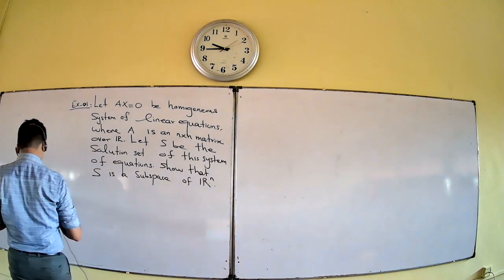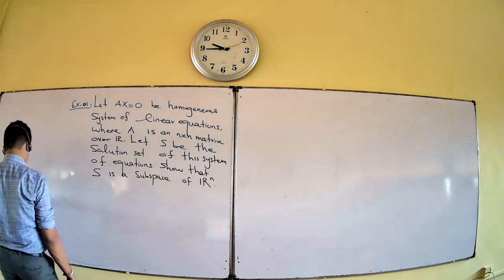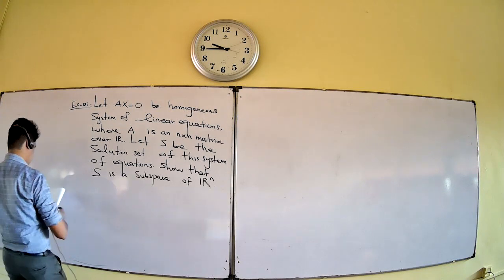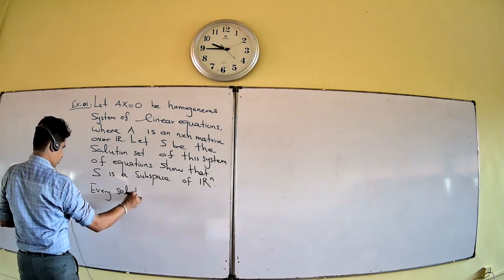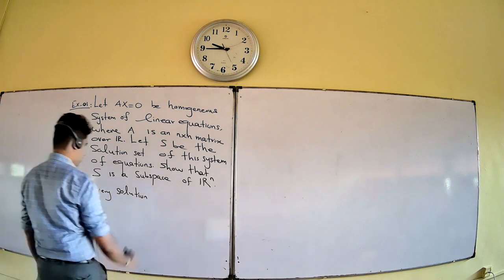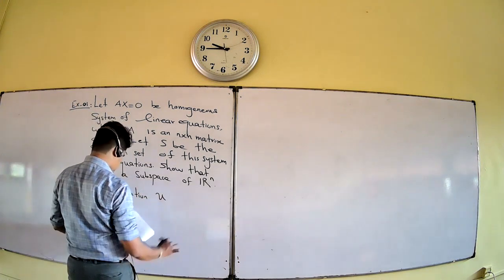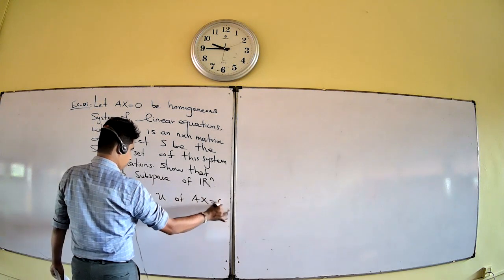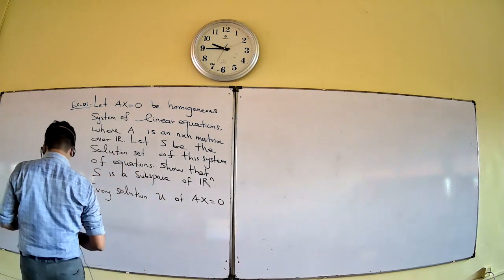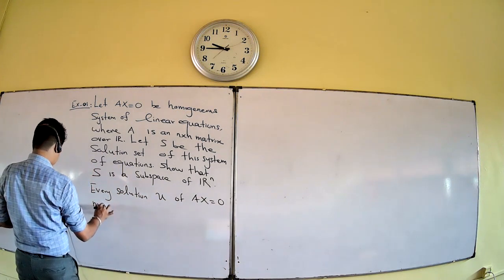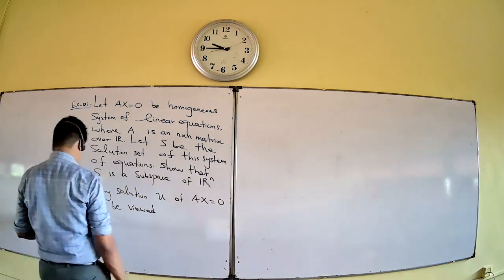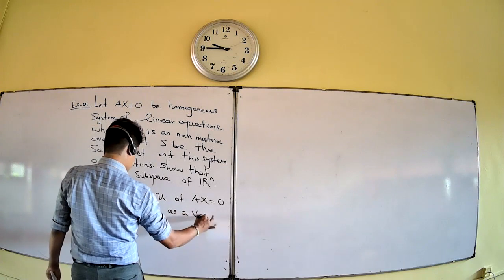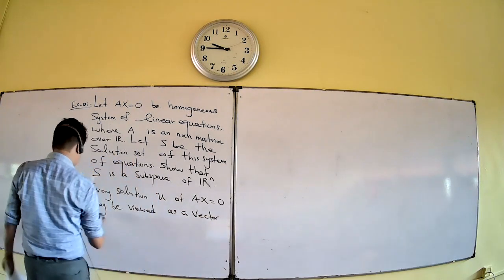Now take every solution u of Ax equal to 0. Ax equal to 0 may be viewed as a vector in Rn.